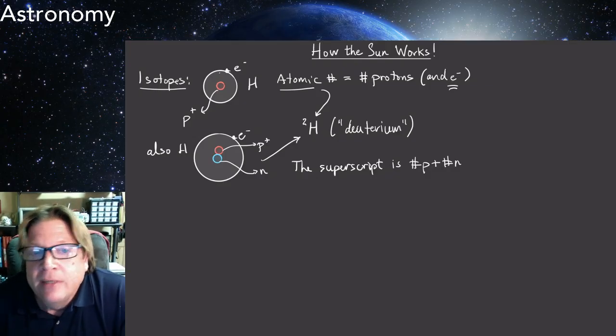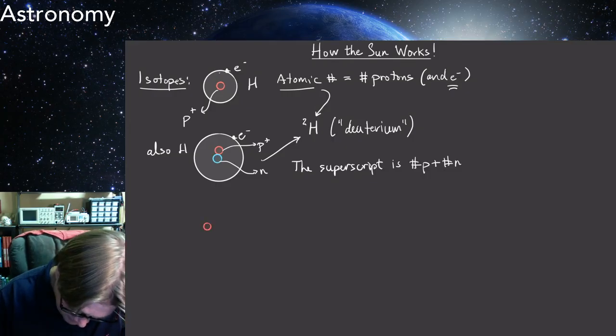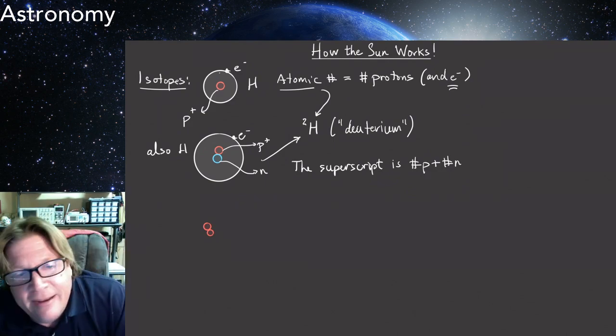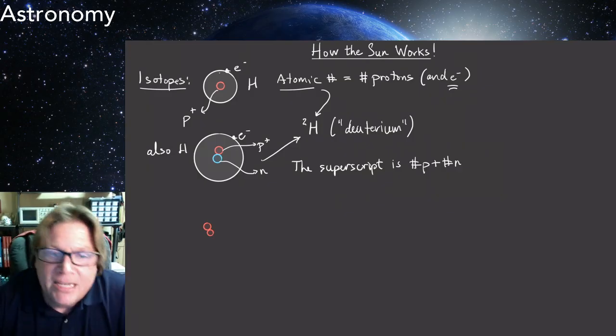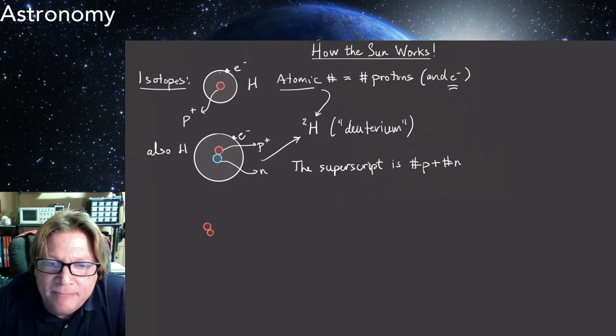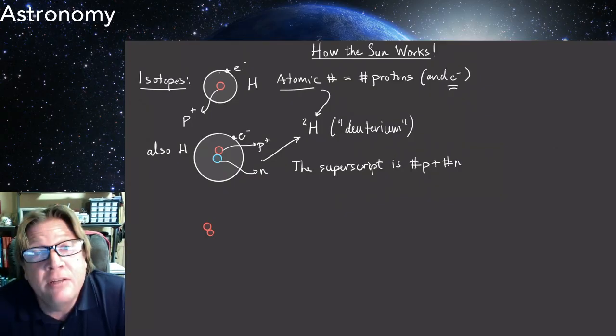Okay, so what happens if we have 2 protons? How about this? What if I have 2 protons? And here's sort of a problem, and we'll get to this. Already, a toddler question might be, how do you get something like this? If I have 2 protons, this is going to be helium, right?